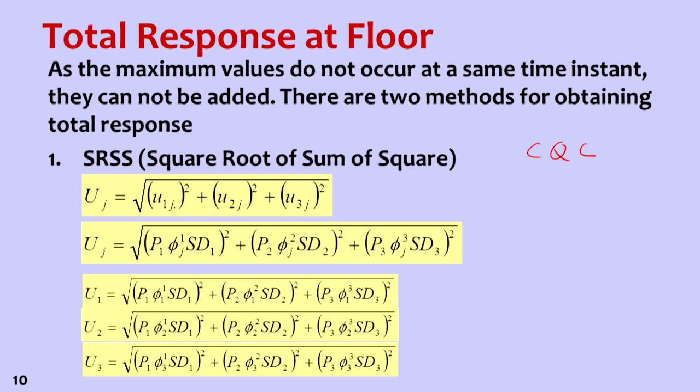So the first floor level first mode maximum value, first floor level second mode maximum value, first floor level third mode maximum value. You add them, that means P1 phi j1 SD1 squared, and so on. So you add all these and we get U1, U2, U3. This is the maximum displacement of the first floor, the second floor, and the roof in the 3 degree of freedom system.